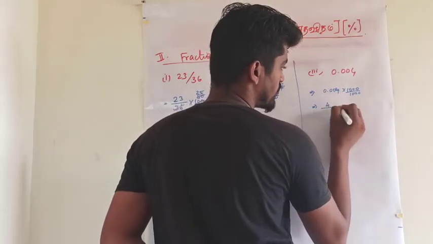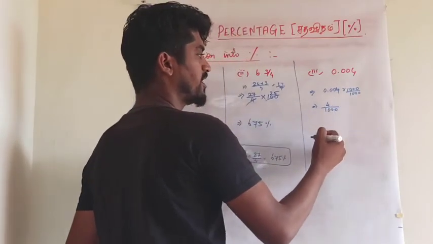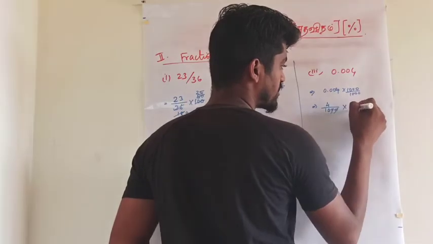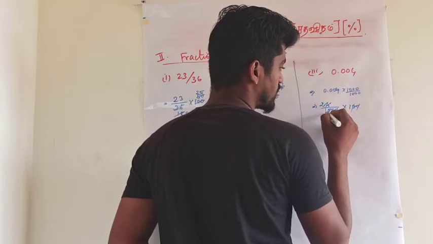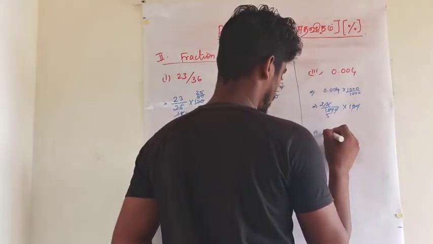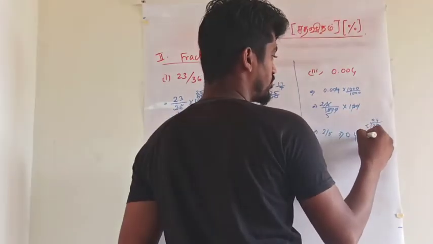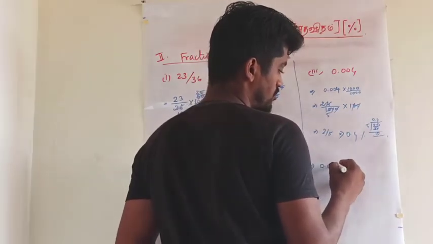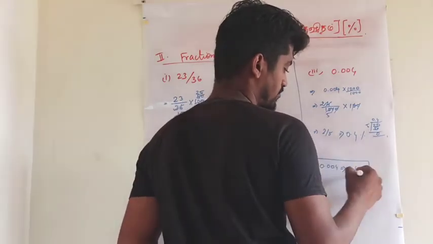So the value is 4 by 1000. Now in fractional format, we find the percentage: multiply by 100 and simplify. It gives 0.4%. So 0.004 is equal to 0.4%.